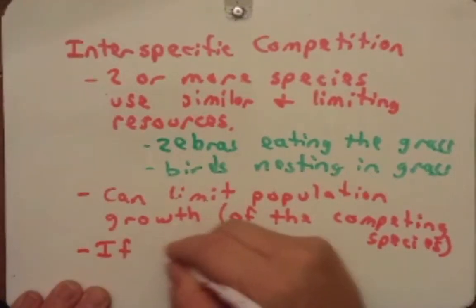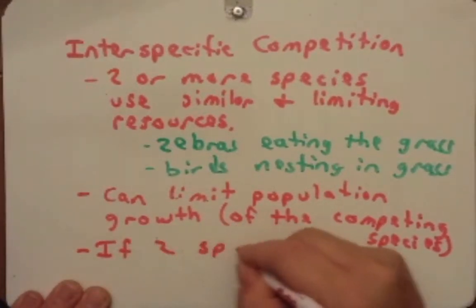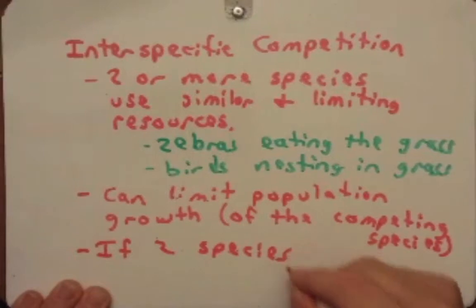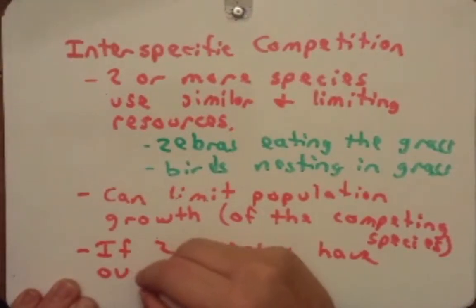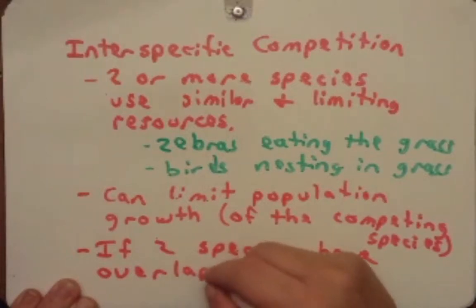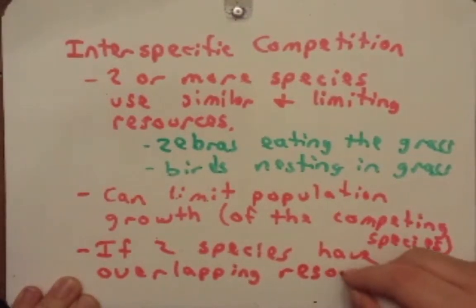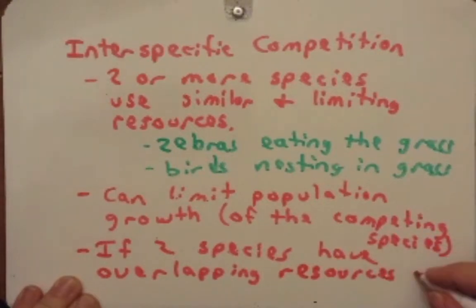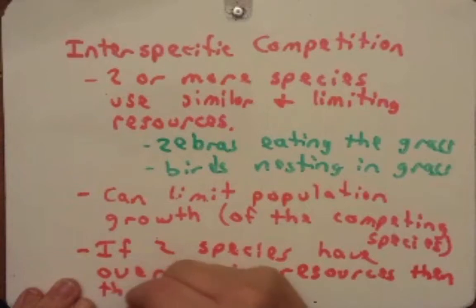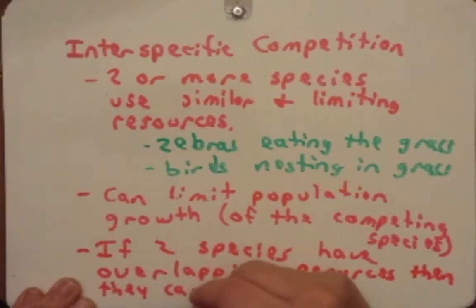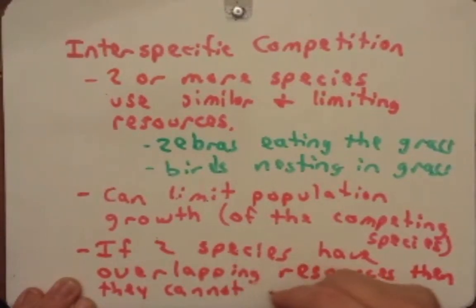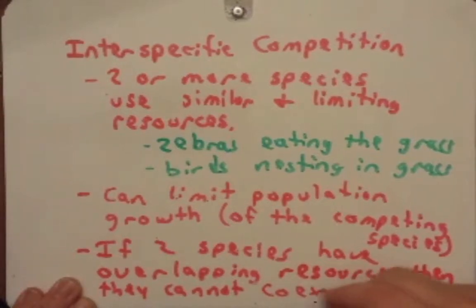We'll talk more about this last point I want to mention. That is, if two species, or it could be more, but we'll talk about two species, if two species have overlapping resources, then they cannot coexist.